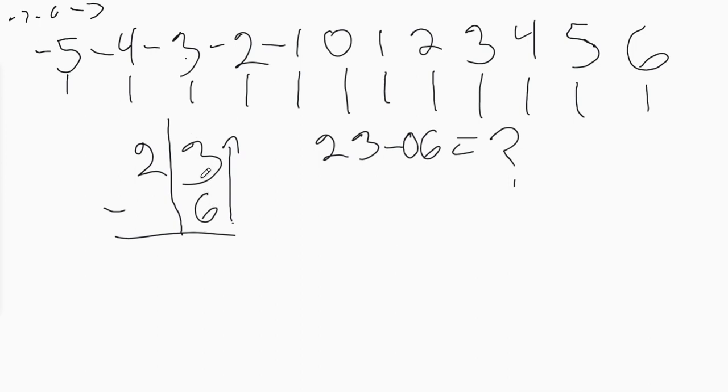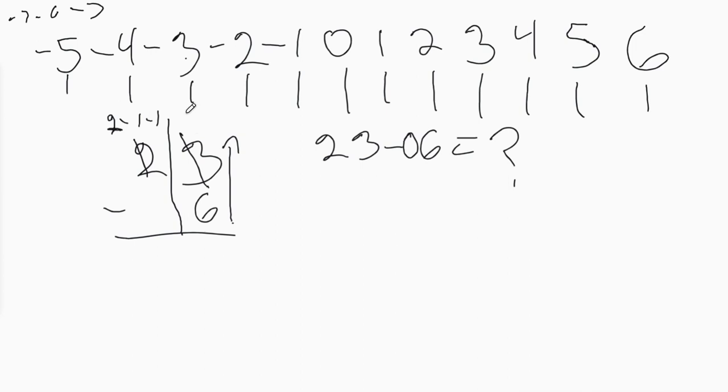And because the 6 is larger than the 3, you now have to borrow from the other column. So this 3, you're going to cross it out, and you're going to add, because when you take from this column, this is the 10's place, this is the 1's place, and you're going to take 1 from this, which is going to make 2 minus 1 equals 1.